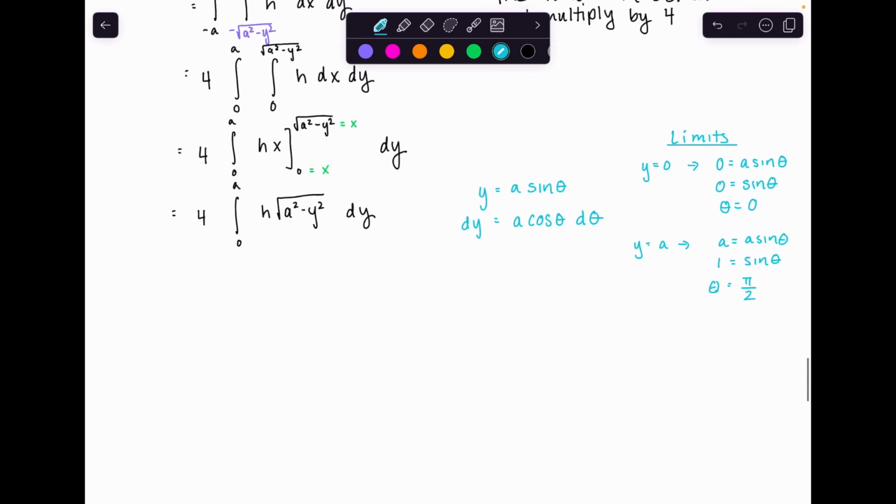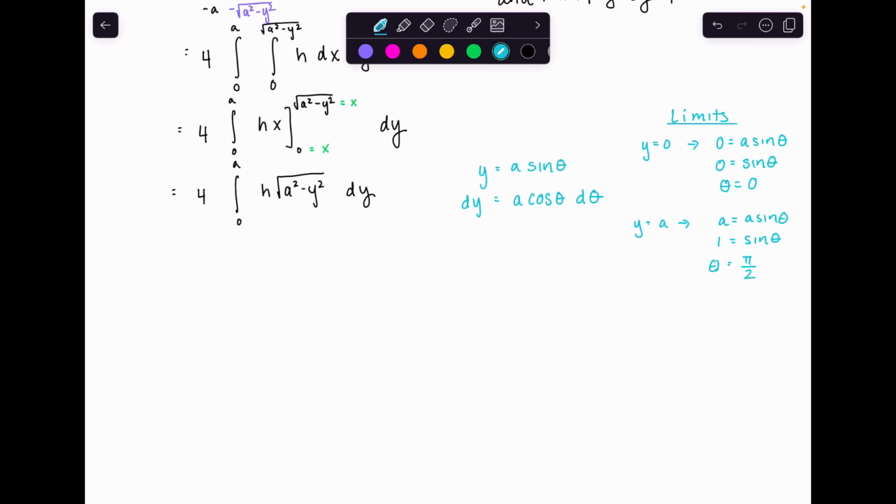And then you can go ahead and plug everything in at this point and figure out how it simplifies. I'm going to see off to the side how the square root of a squared minus y squared condenses. So if I plug this in for y, this is a squared minus a squared sine squared theta. They both have the a squared in common, so we factor that out. And then 1 minus sine squared is cosine squared.